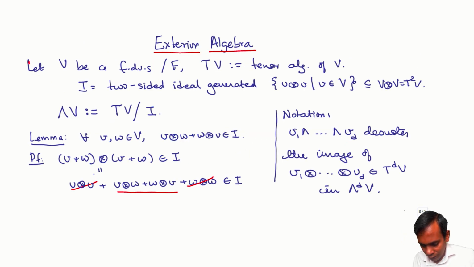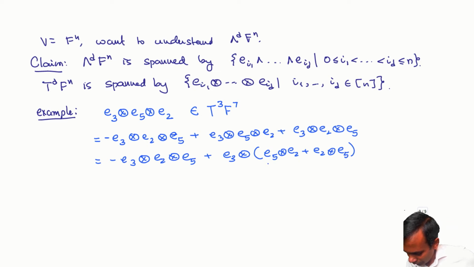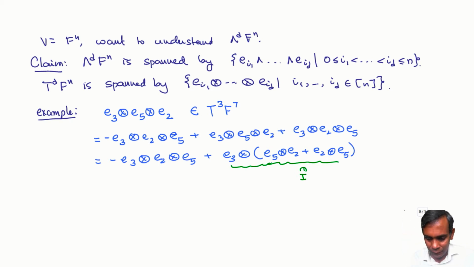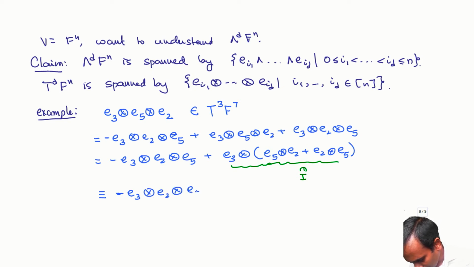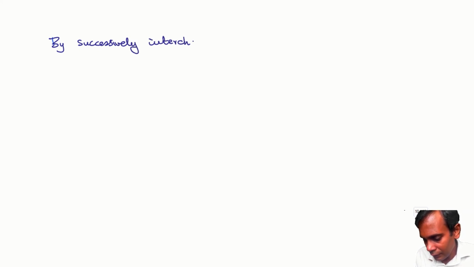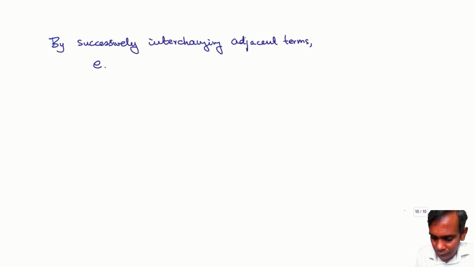Now in the previous lemma, we saw that v tensor w plus w tensor v is in I for any vectors v and w in V. So this thing belongs to I, and then you're left multiplying by something, e3, so this whole thing belongs to I. So what we are saying is that this is congruent to minus e3 tensor e2 tensor e5 modulo I. So by successively interchanging adjacent terms, we can start with e_i1 tensor through e_id.